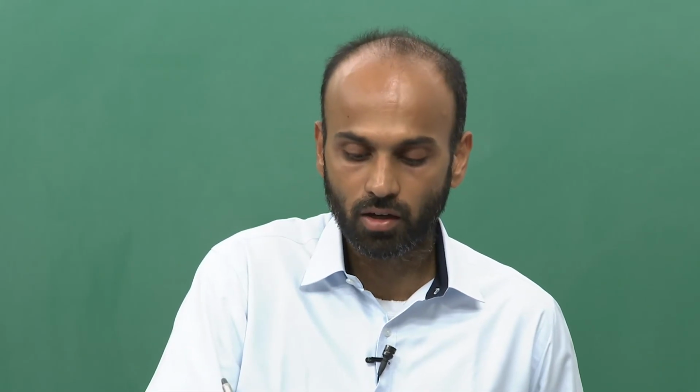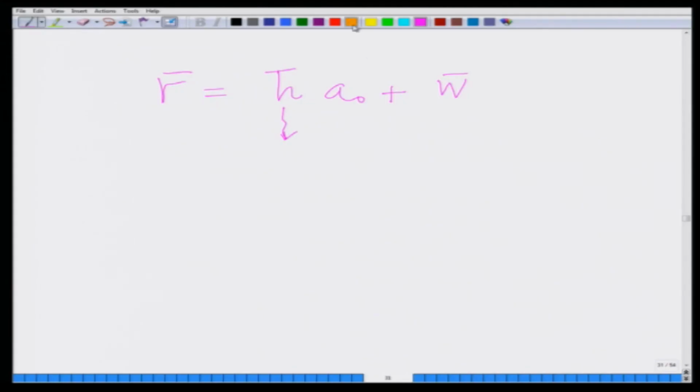H bar, the vector, contains the coefficients H of 0, H of 1, H of L minus 1. These are the coefficients of the frequency selective channel.